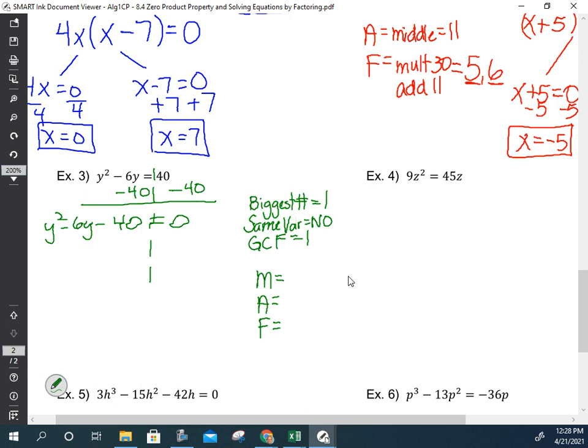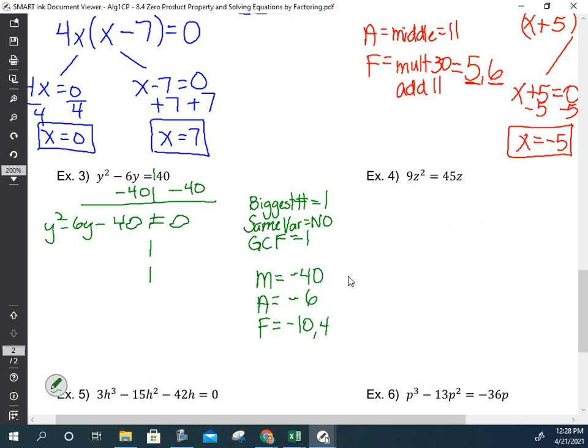MAF. Your last term was negative 40. The middle term was negative 6. So we need 2 numbers that multiply to negative 40 and add up to negative 6. Negative 10 and 4.